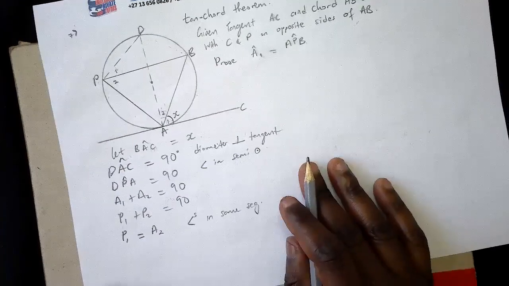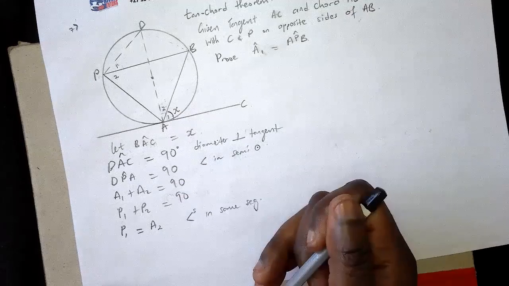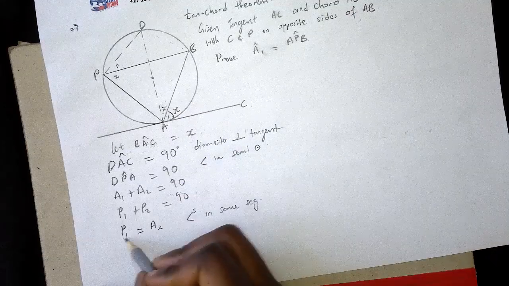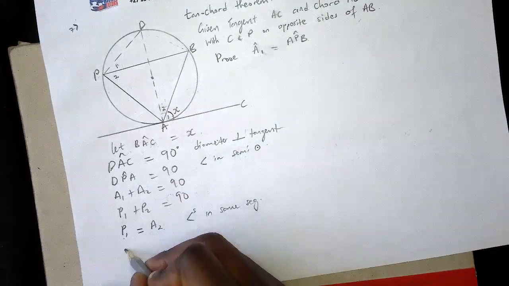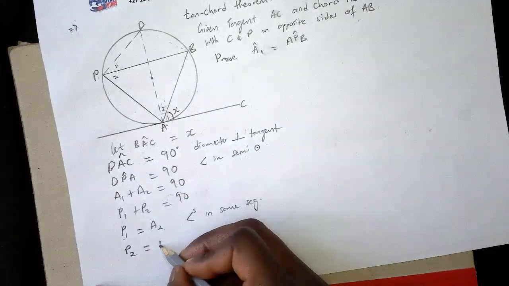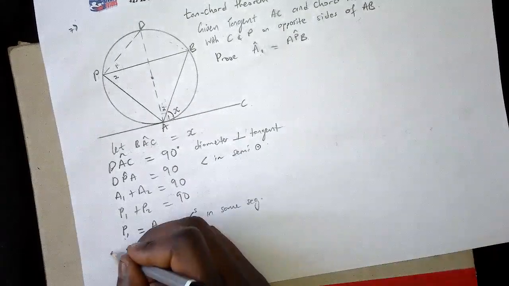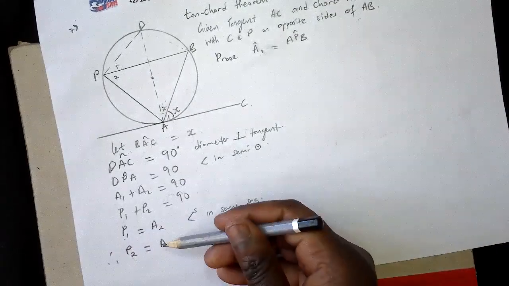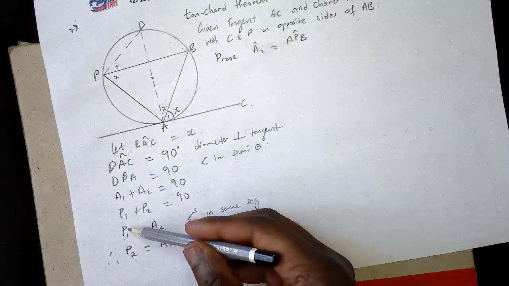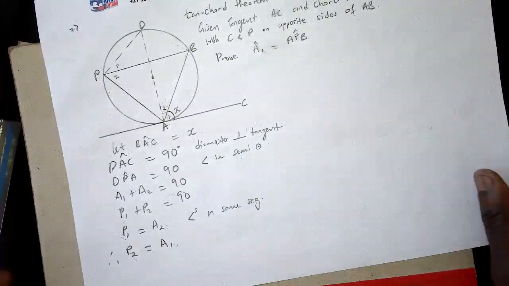Therefore, since the two of them add up to 90, and these two are equal, it also means that P2 will be equal to A1. Remember, we add A1 and A2 to get 90, and we add P1 and P2 to get 90. If these two are equal, it leaves these ones also equal.